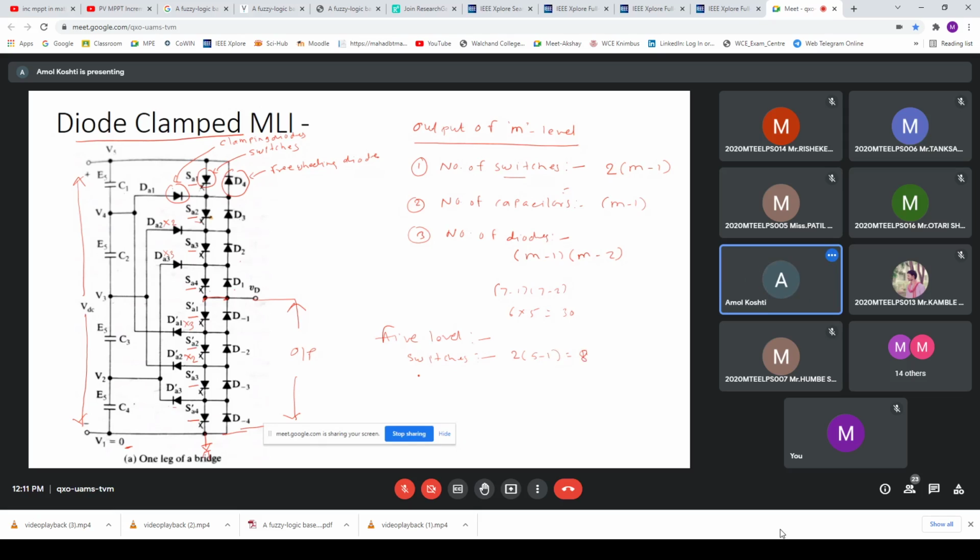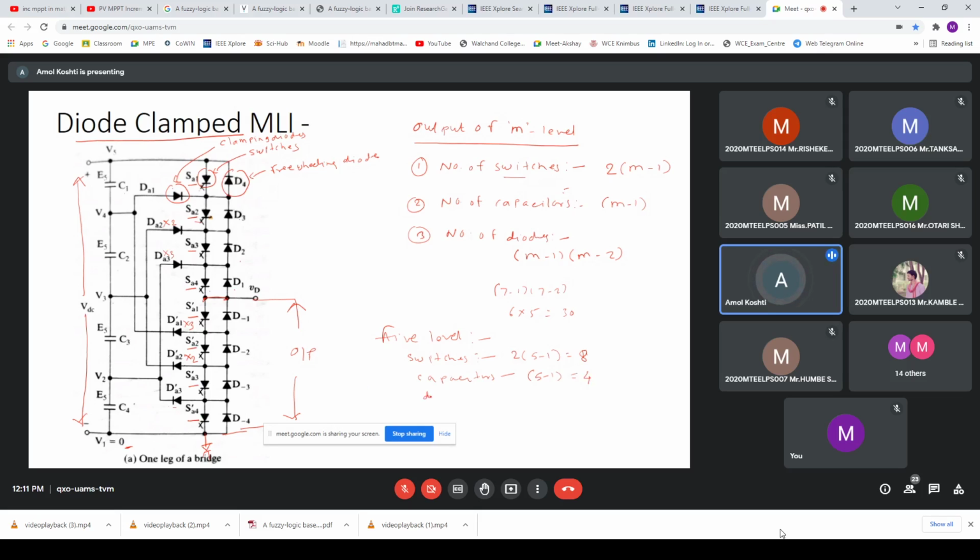Then capacitors, how many capacitors do I need? As I want to produce an output of 5 levels, 5 minus 1, so 4 capacitors I need.